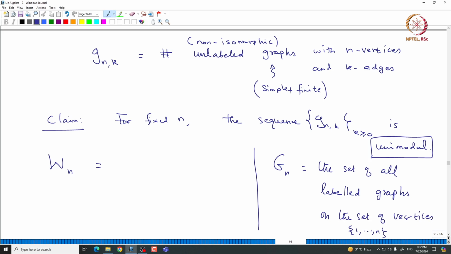We will use 1 to n for the vertices. Then you can take this W n, which is going to be the direct sum of the C span of all these graphs G, where G comes from your G n.